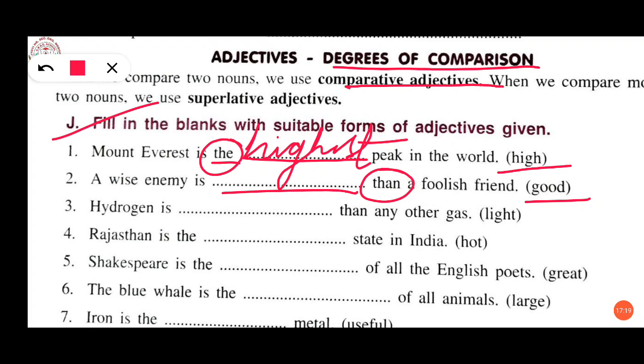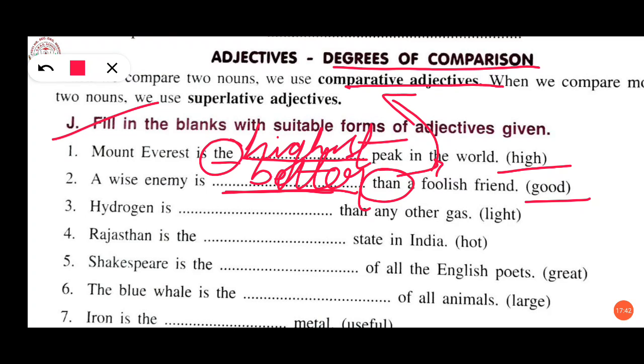And what will be the comparative degree of good? Good, better, best. So the answer is better. As I said, after the blank, if than is used, it means we have to use the comparative adjective. Now see the third one.